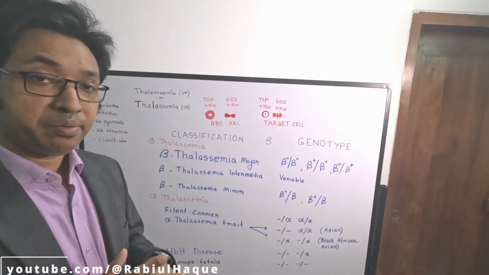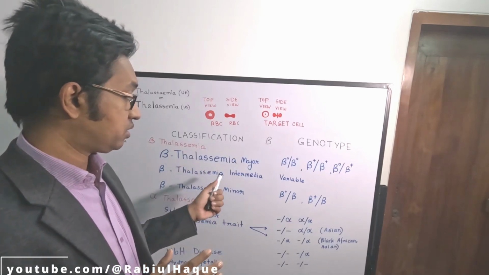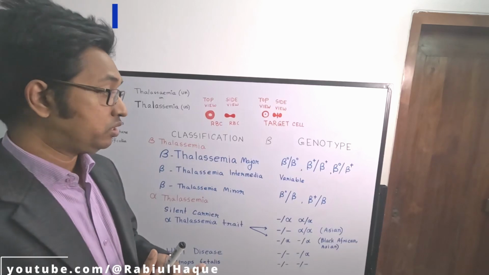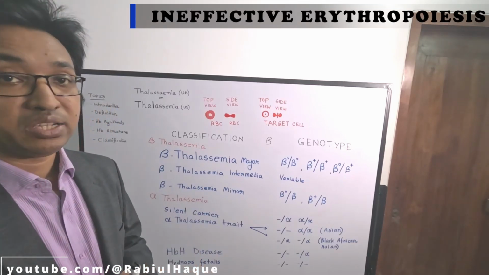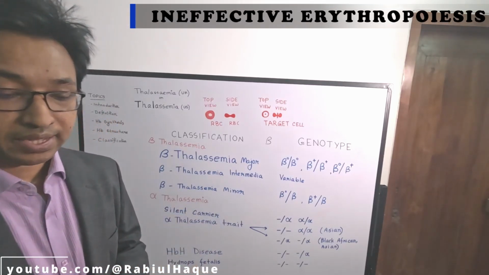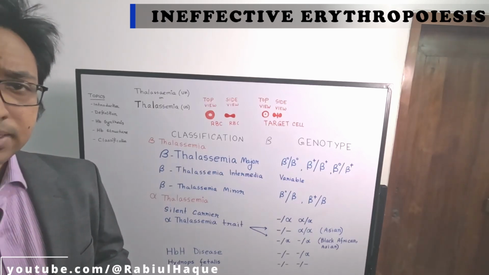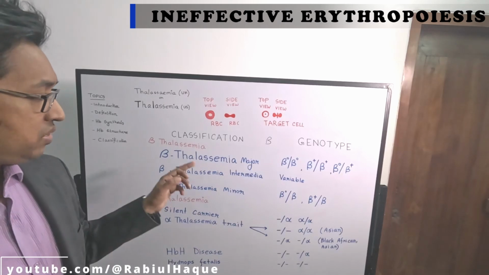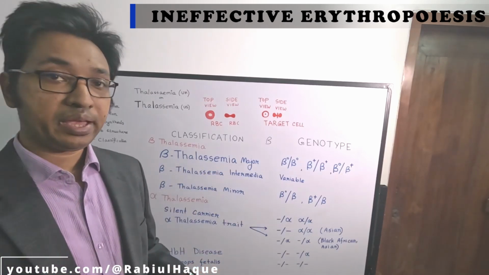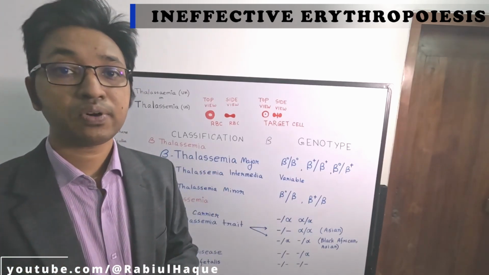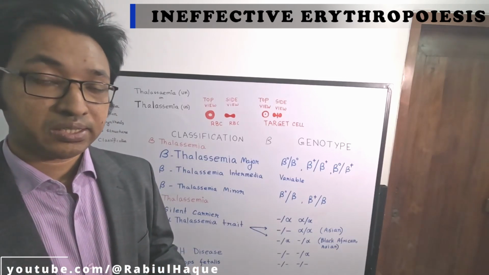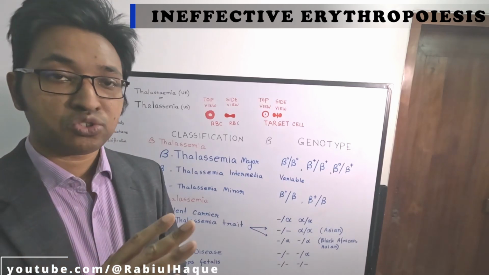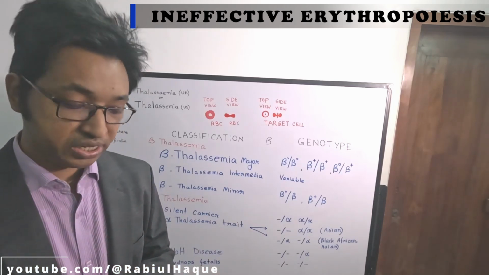Now, one thing you have to remember, particularly for beta-thalassemia major, that in beta-thalassemia major, there will be ineffective erythropoiesis. Now, what do we mean by that? The thing is, the red cell precursors in the bone marrow in beta-thalassemia major, they have excess amount of alpha globin chains that are not bound with beta because there is reduced amount of beta or absence of beta chain.